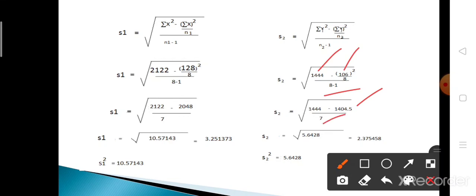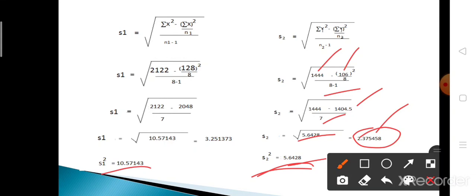So 1444 minus 1404.5 divided by 7, that is 5.6428 and the square root of that value is 2.375458. We need the value of S2 square. So just squaring this value, we will get 5.6428. So see here the S1 square value is 10.5714 and S2 square value is 5.6428.